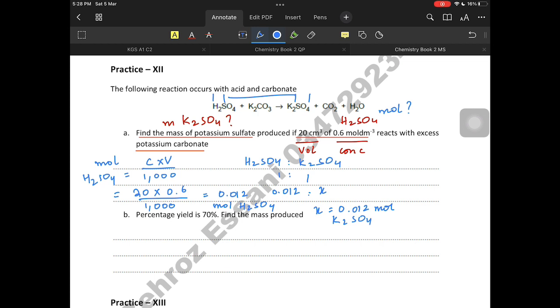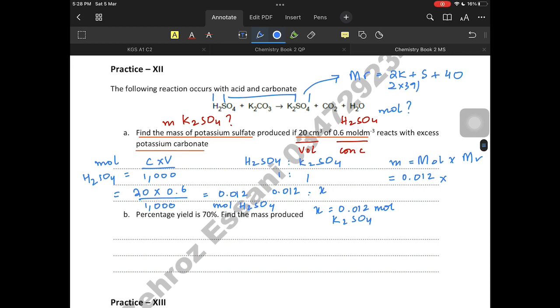So the third step is going to be the same. Mass is equal to moles times molecular mass. We know the moles are 0.012, but what is the molecular mass of potassium sulfate? It's going to be equal to 2 times the potassium, 1 times sulfur, and 4 times oxygen atoms, which is 2 times 39 plus 32 and 4 times 16, because 16 is the atomic mass of oxygen.